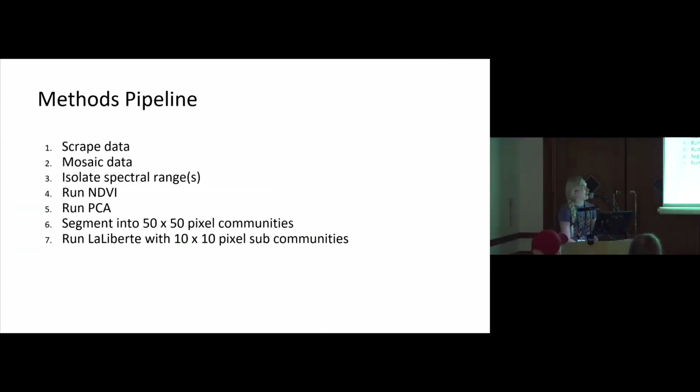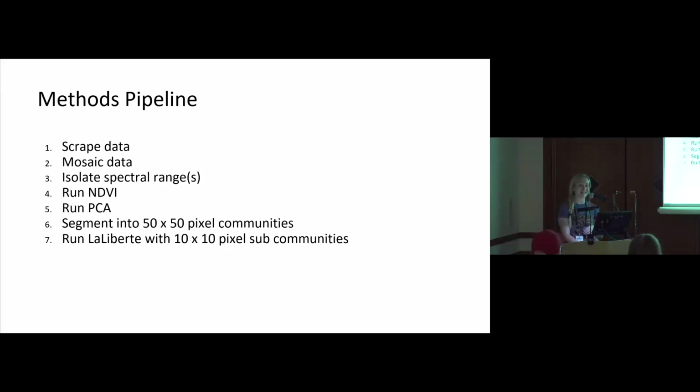So what I have done so far on this project is I've made a modular methods pipeline where anybody can slot in their information based on where it is, where I scrape data from the NASA servers. So even if you don't have access to the SMCE or the NASA computing cluster, you can actually access this data.